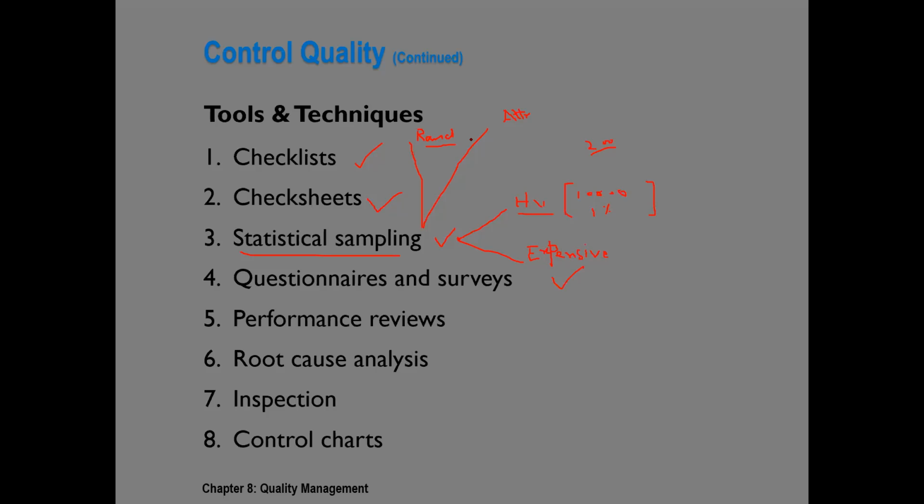Inspection, this is done when our deliverables are produced, and that inspection could be done with the help of other quality control tools or with the help of some testing, especially in the software industry. Unit testing, integration testing, system testing, exploratory testing, usability testing, all these are different types of testing that are used.